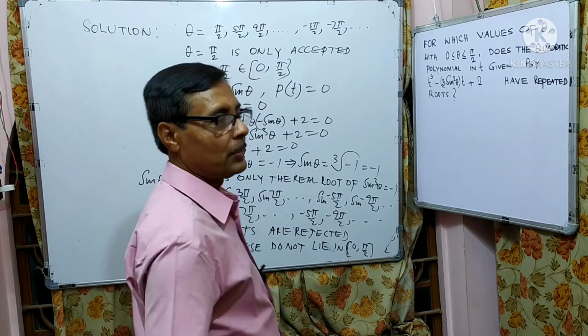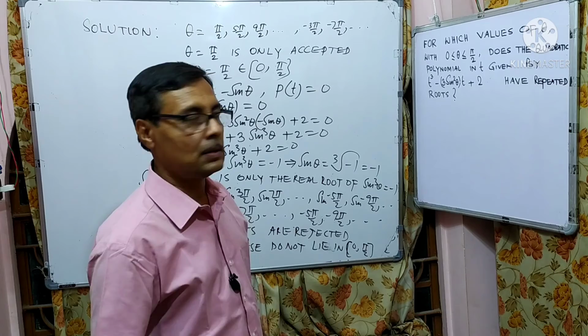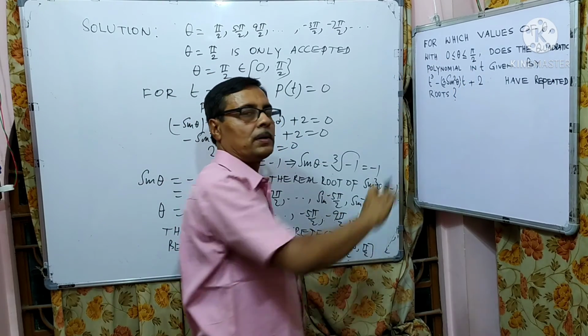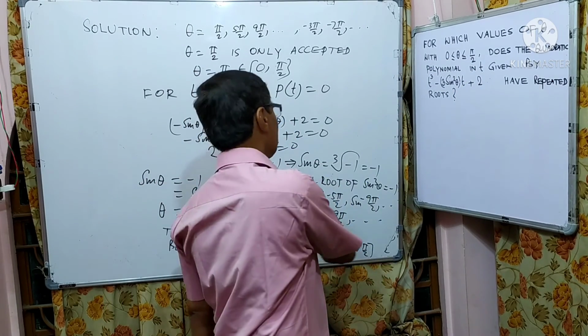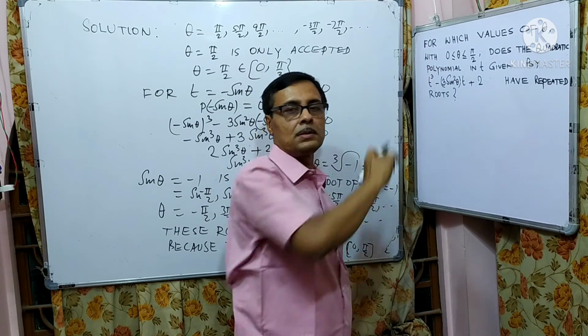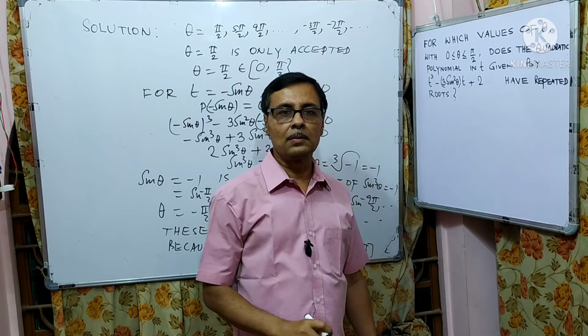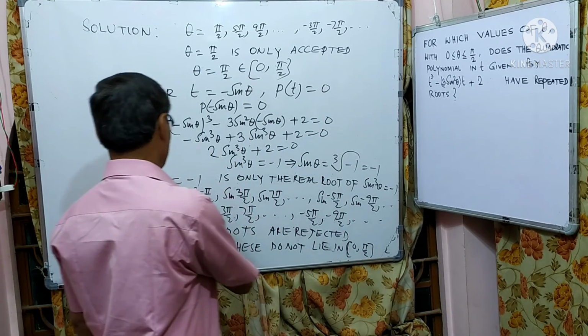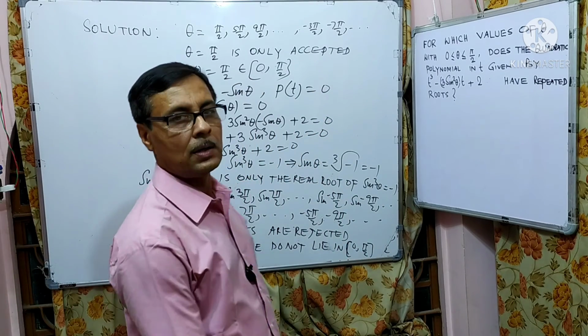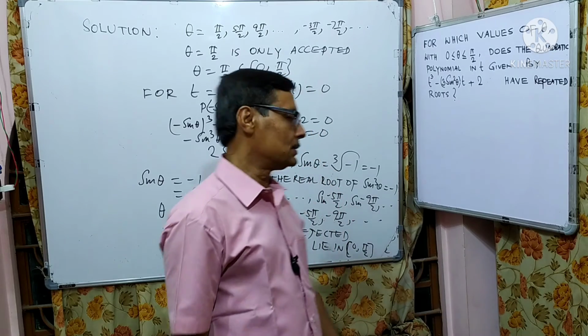These roots do not lie in the closed interval 0, pi by 2. That is, these roots do not satisfy this inequality, 0 less equal to theta less equal to pi by 2. So these all are rejected.